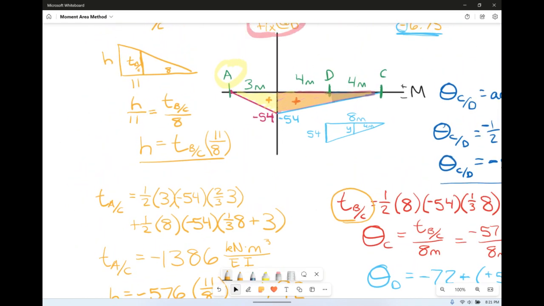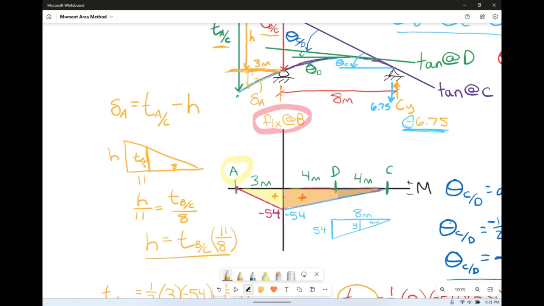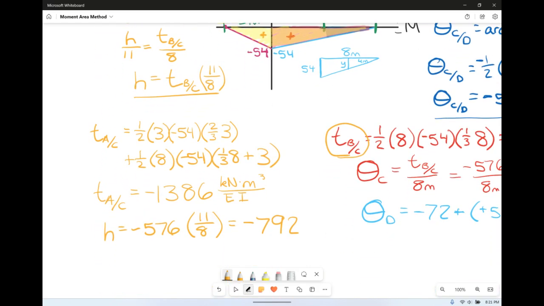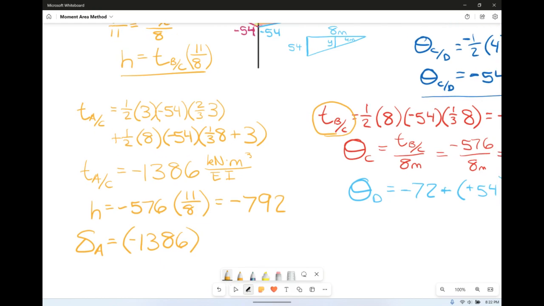And we said, looking way back up at this, that the deflection at A is the tangent, or the vertical deviation from A to C, minus H. So we have the deflection of A is equal to the vertical deviation of A with respect to C, so -1386, minus H, and H is -792.